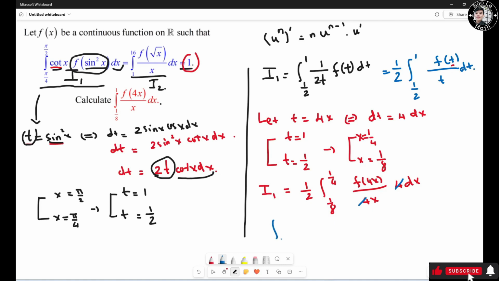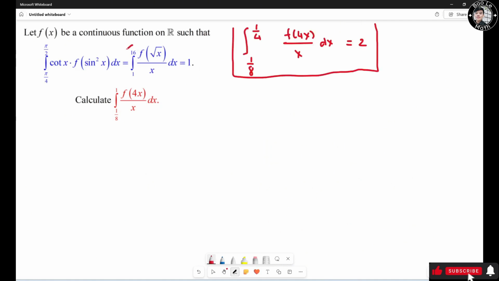I have the integral from 1/8 to 1 for f of 4s over s ds equals 2 I1, right? But I1 equals 1 right here, so it will be equal to 2. So I just finished the first one.